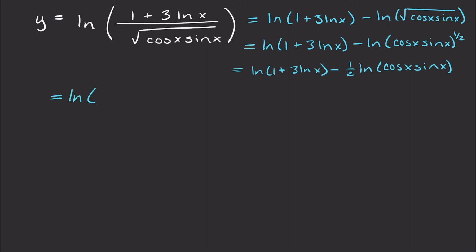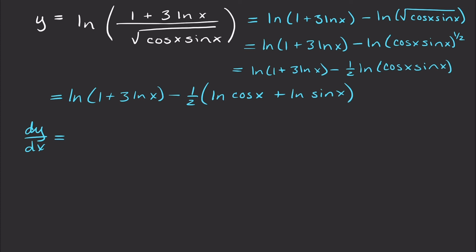If you want to combine some of these steps, you're welcome to do that, but I'm just trying to make sure I don't miss anything. So this 1/2 is going to multiply everything in here. So this is going to be natural log of cosine plus the natural log of sine. Okay, and now I'm ready to take my derivative.